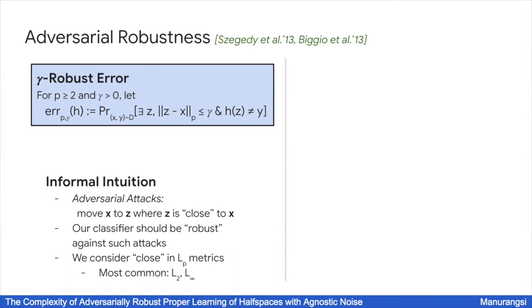In other words, there exists c such that c and x are gamma-close in the L_p metric such that h(c) is not equal to y.